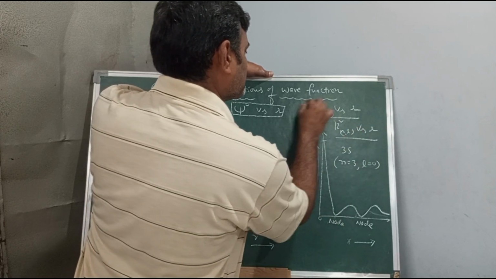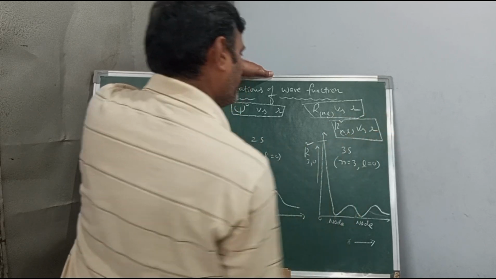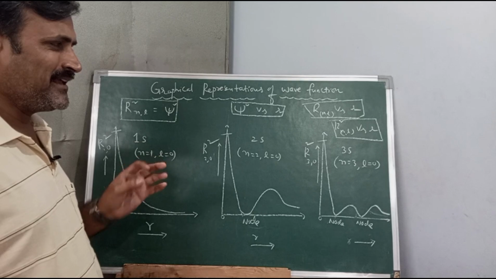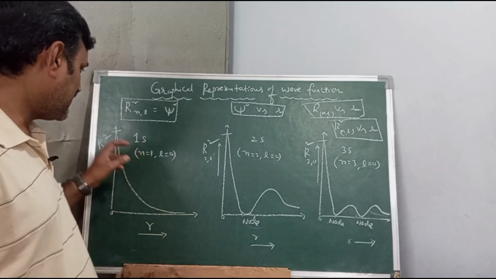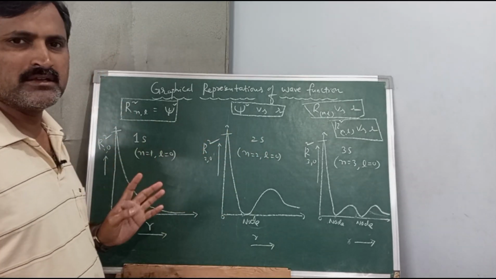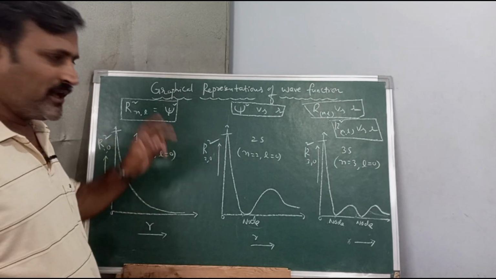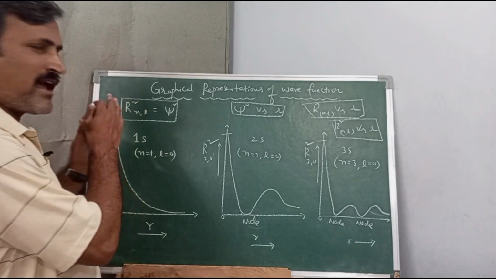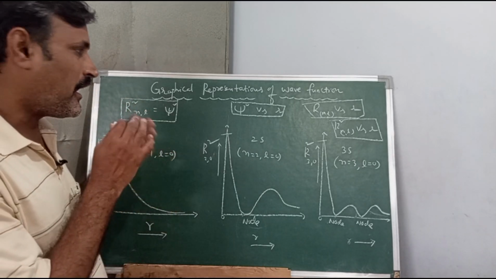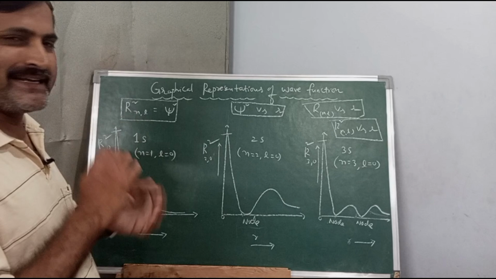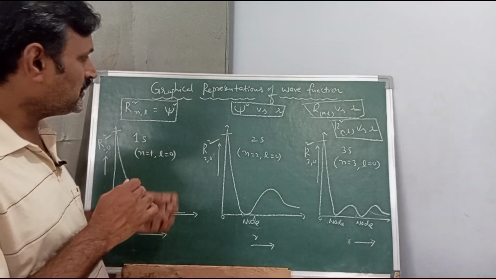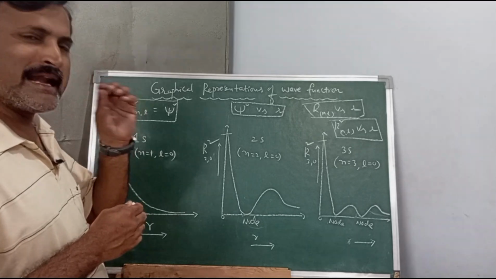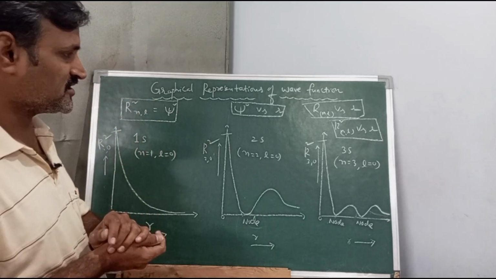These two graphs we just observed, but believing them and deciding the probability density is completely wrong. Why? Because the maximum value still comes at R equal to 0 in these graphs also. That means these R values and R square values are not telling us about the probability density of the electron in the hydrogen atom or any one-electron species like hydrogen-like species.